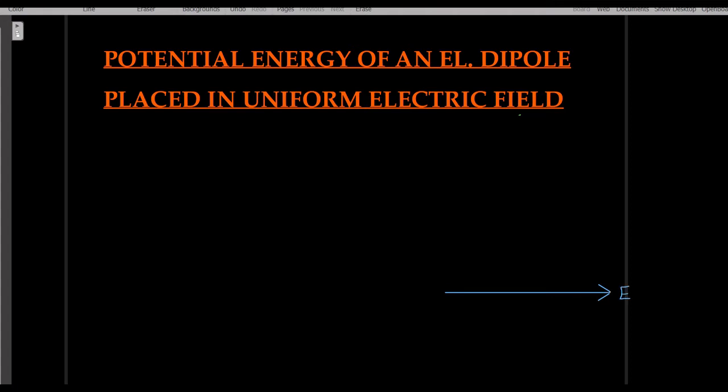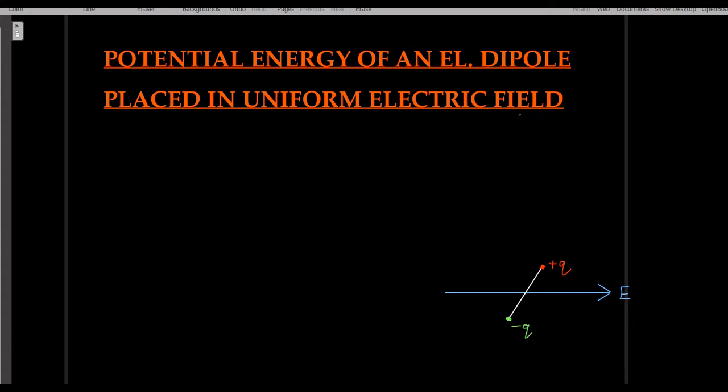In this uniform electric field, let us imagine an electric dipole of charge Q and length 2a is placed. Let this be charge plus Q and this be the charge minus Q.